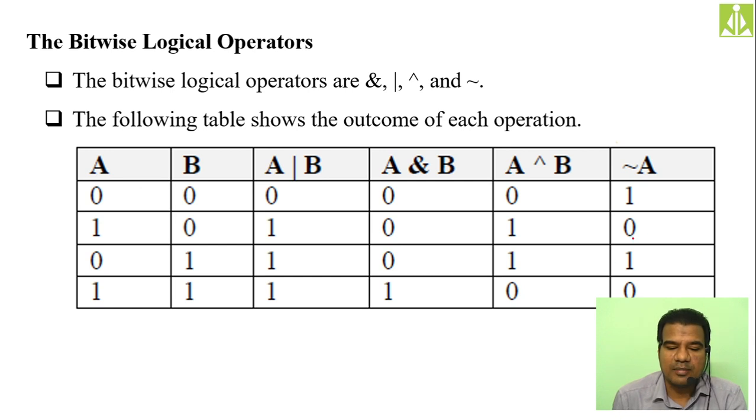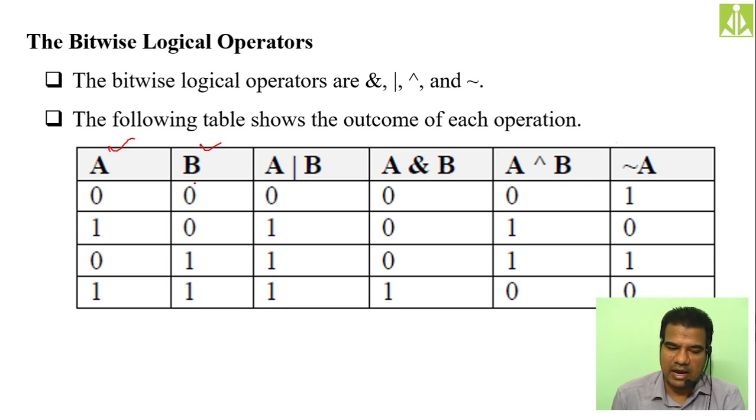Now the bitwise logical operations we discussed, like bitwise AND, bitwise OR, bitwise XOR and bitwise NOT, and how they are applied. If you have A and B values like this, with all the different combinations of zeros and ones, and you apply A OR B, wherever you have 2 zeros, you will get 0.